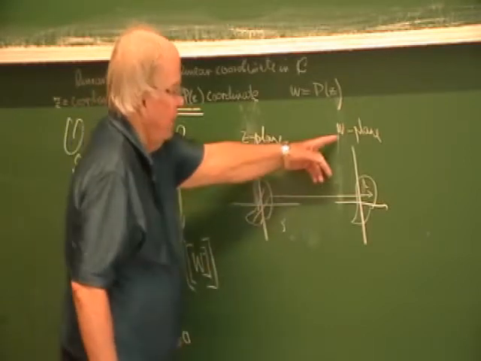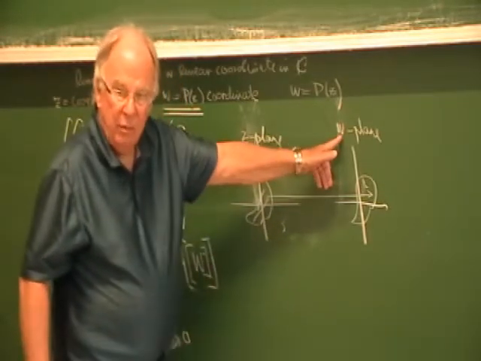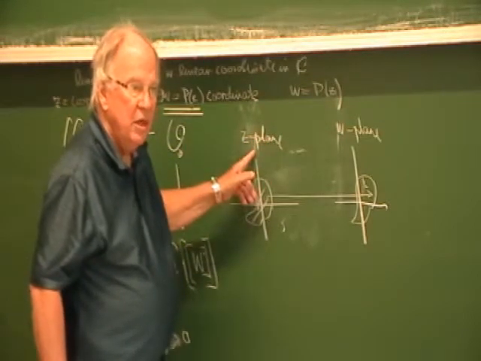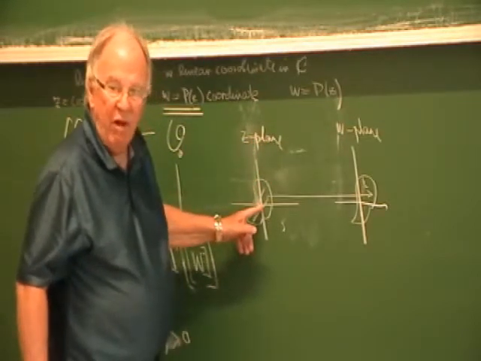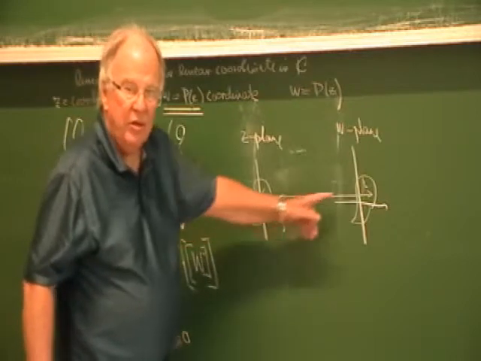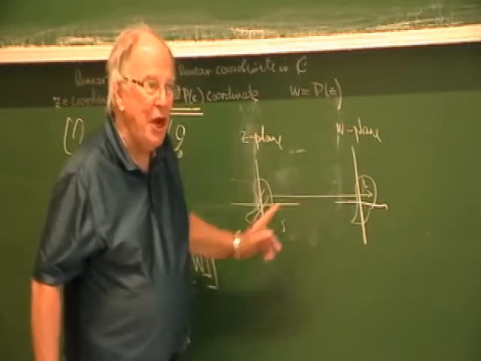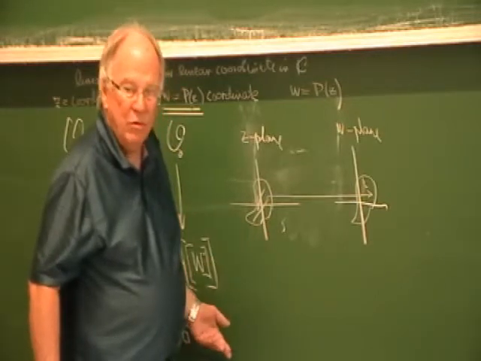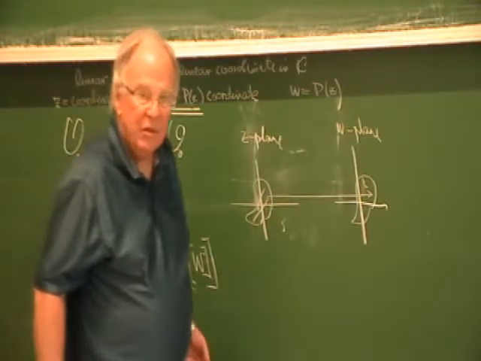The coordinate itself is the W plane, linear W coordinate. The coordinate here is a linear Z coordinate. The change of coordinates is from the linear Z coordinate to the linear W coordinate, but the change only exists on some small thing, because that's the radius of convergence where it exists.